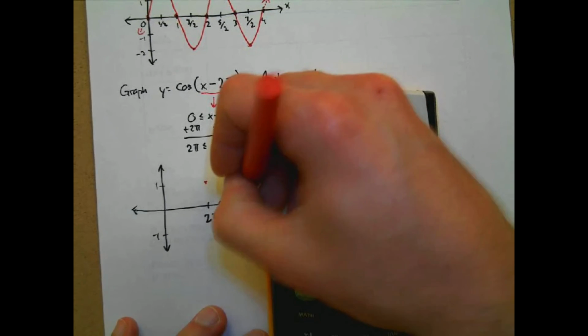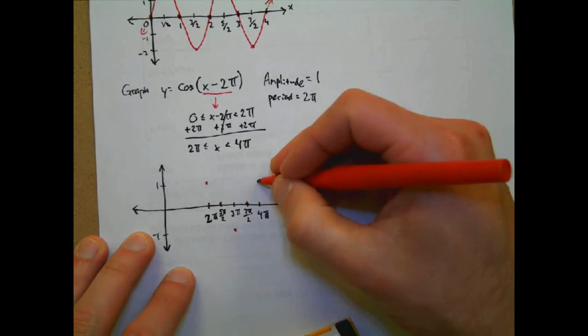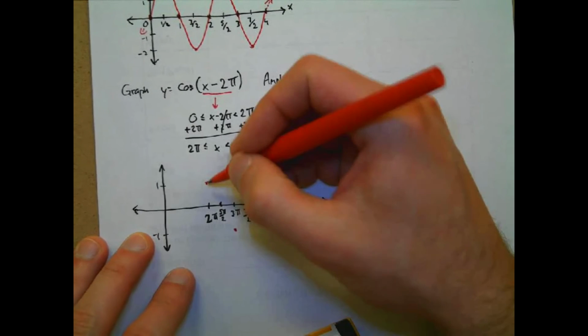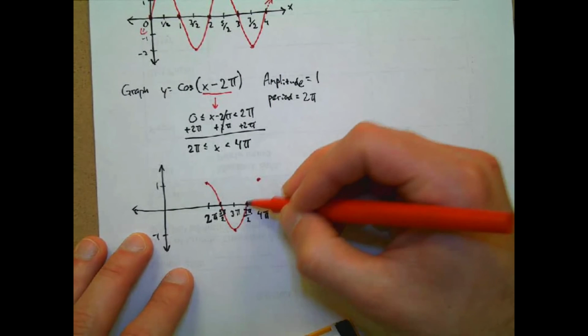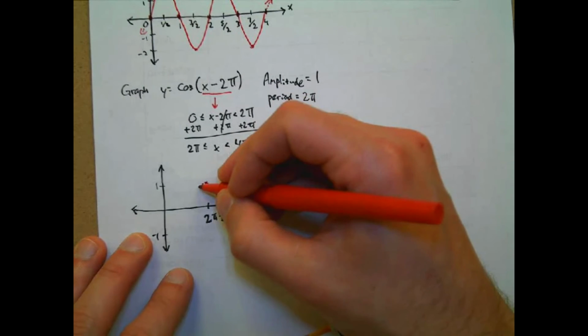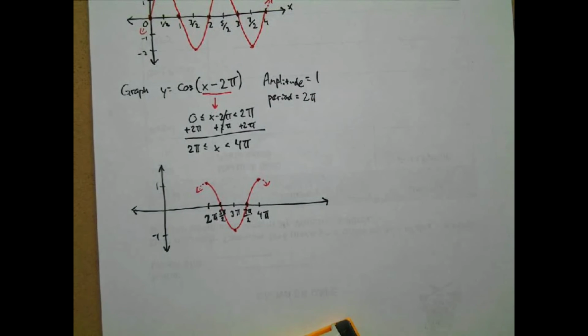And then 4 pi gives me 1. And then connect the dots. And of course, we know it continues on in both directions. Okay, that's it. That's doing the horizontal transformation.